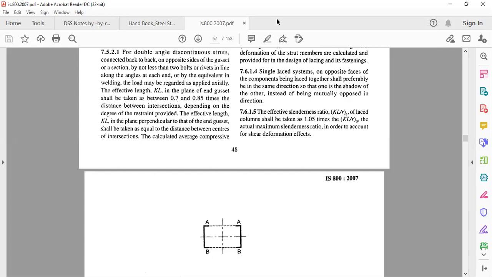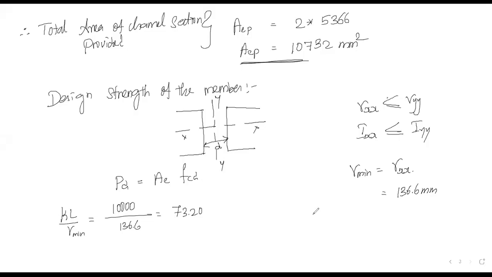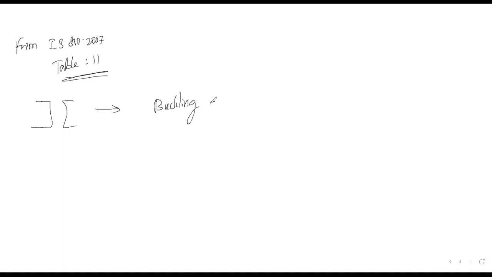Therefore, effective slenderness ratio is 1.05 times lambda, which is 1.05 into 73.20, so we get 76.86. From IS 800 2007 table 10, for channel section the buckling class is equal to C.